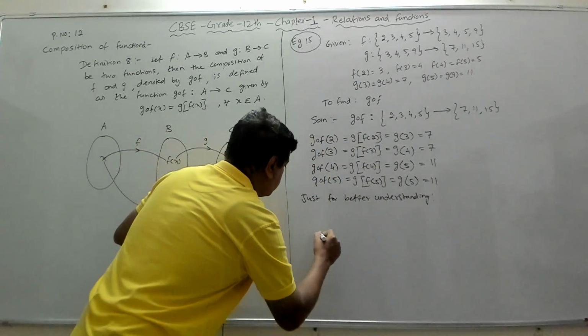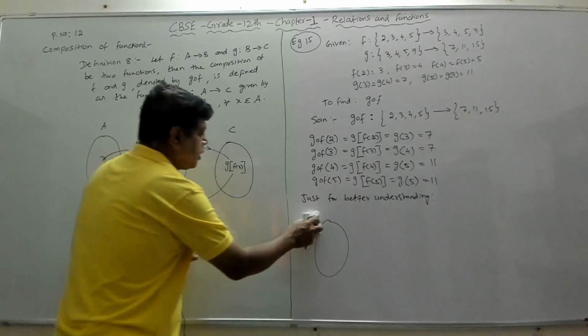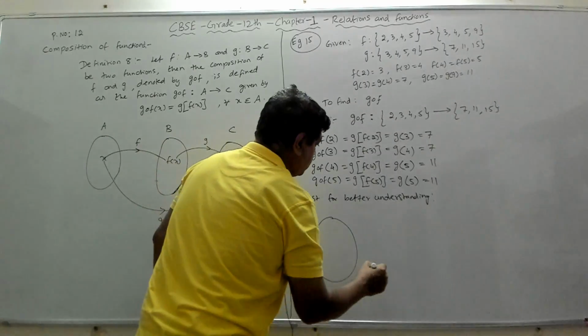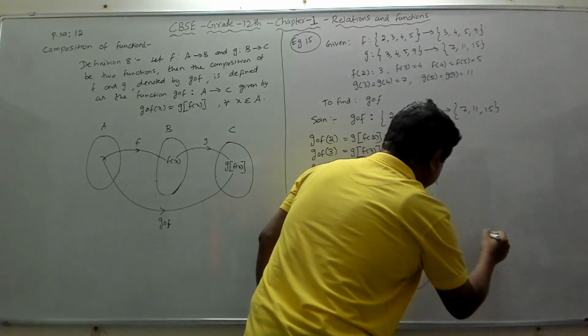So suppose this is our A set. I will draw it a little bigger. So this is your A set, and this is your B set, and this is your C set.